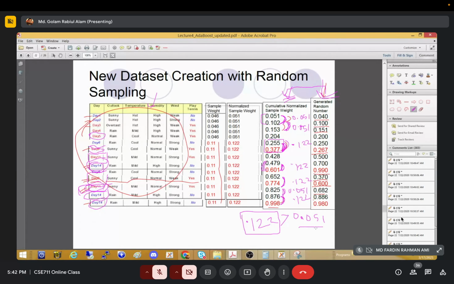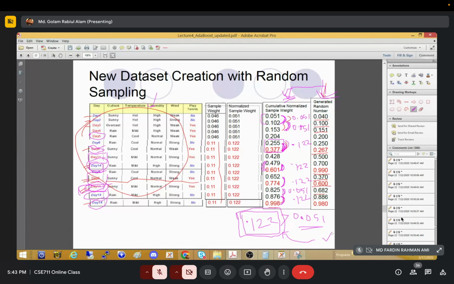If we generate the random numbers, then we will generate more random numbers in the highest interval. So this interval is higher than this one. So if we generate the random numbers, then within this interval we will usually generate more random numbers for that case.